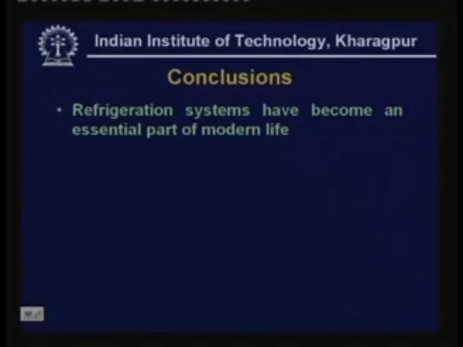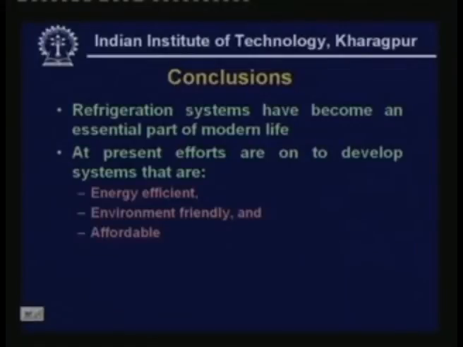So almost all the industries require refrigeration or air conditioning, and we need air conditioning for thermal comfort. Air conditioning systems are very widespread, and it is almost a common item in all households in the form of a domestic refrigerator. So what are the issues right now with refrigeration and air conditioning? The main issues are developing systems that are energy efficient, because typically a refrigeration or air conditioning system requires energy input.